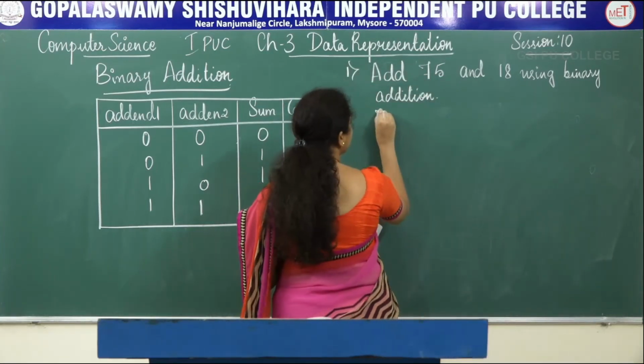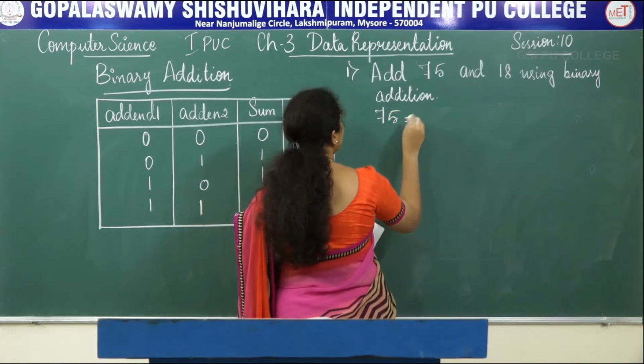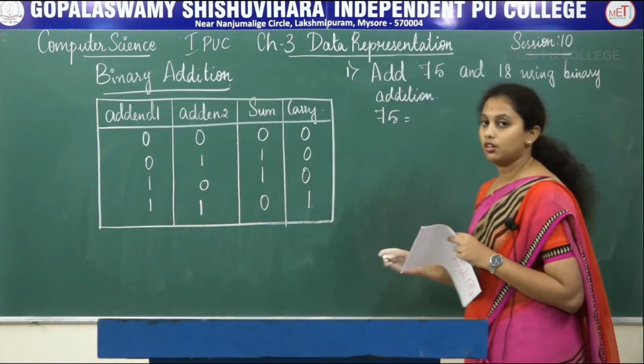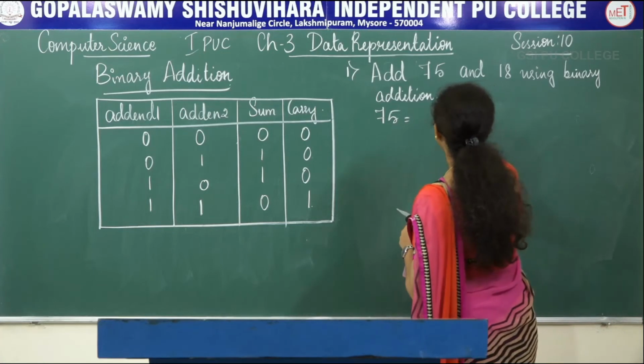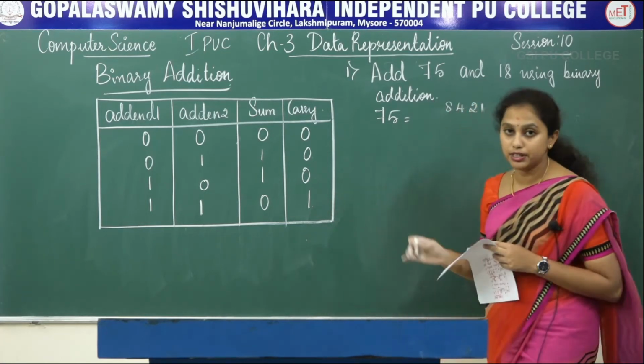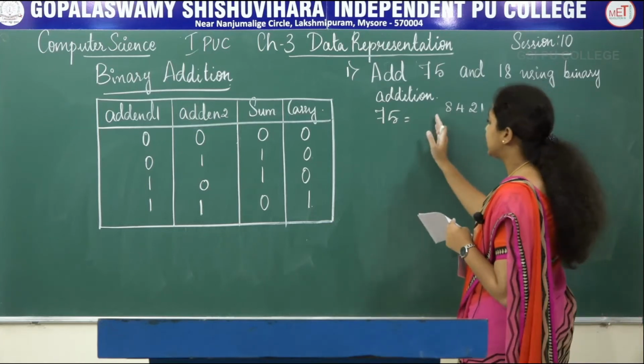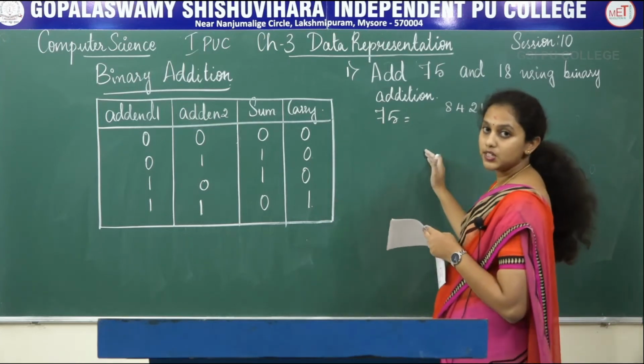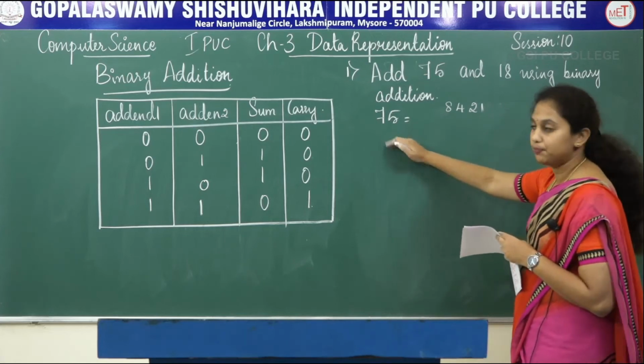So how to represent 75 in binary? In 8421 code it is not possible to represent 75. So next we have to add some more bits to form 75.